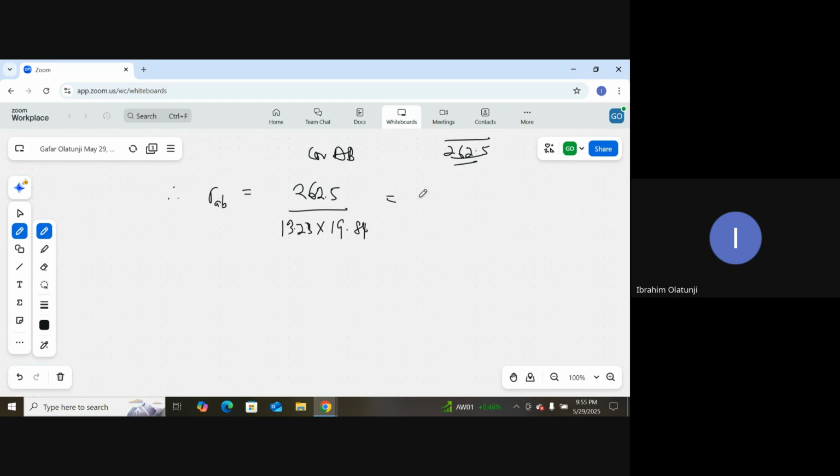What do you have? 262.5 over 262.5, equal to 1. So that means it's a positive correlation.